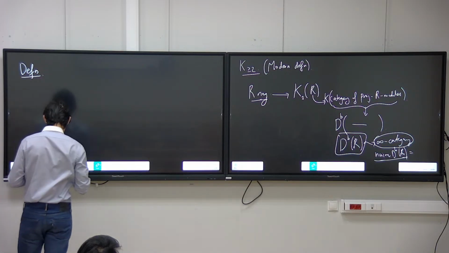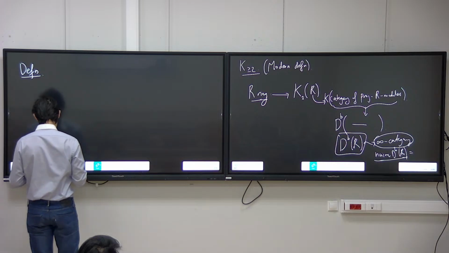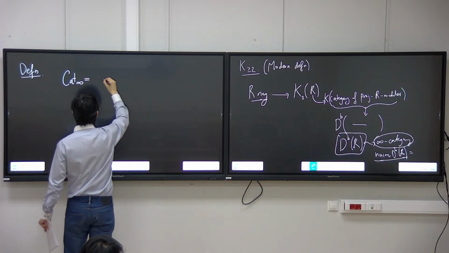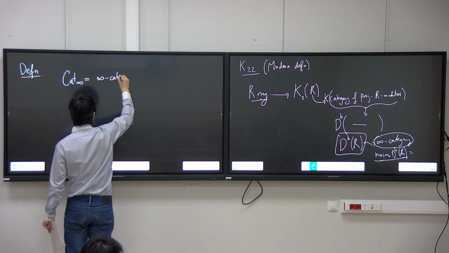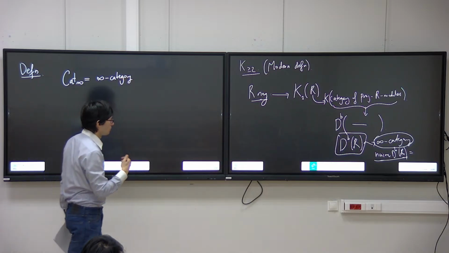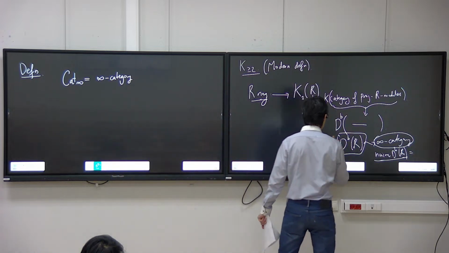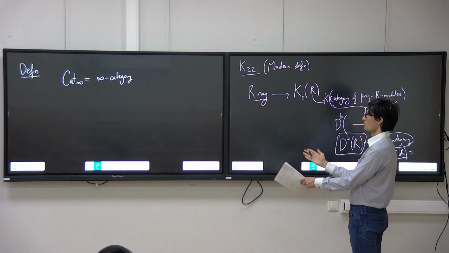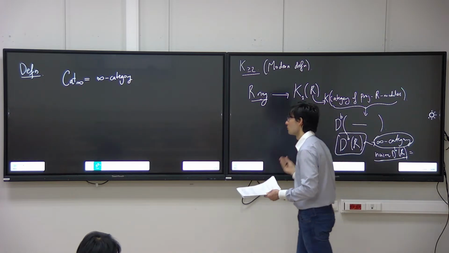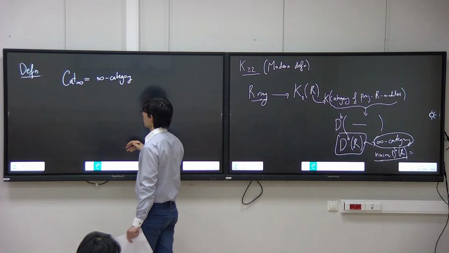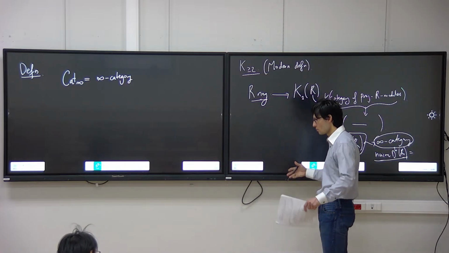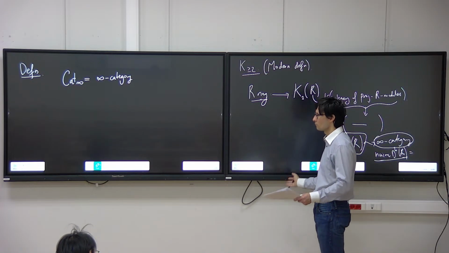Here are the objects that we need. Cat infinity will be the infinity category. It takes basically an entire lesson to really define properly what an infinity category is. But for now, let's just keep the naive idea that it's morphisms between morphisms, higher morphisms. Now we can take classical categorical constructions and package them up in a correct way to form infinity categories.